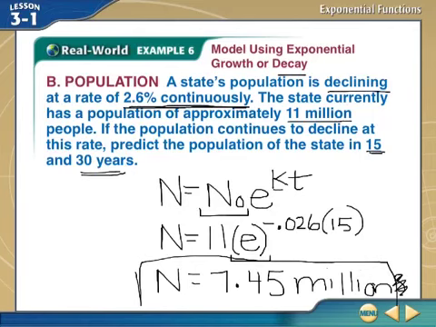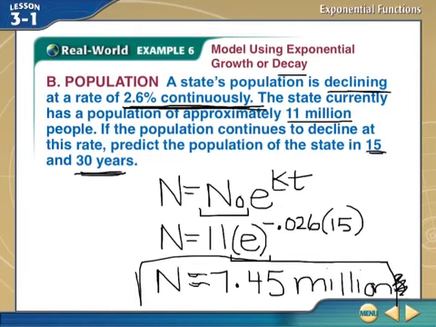If our population is declining at 2.6% continuously. Now, on the next slide, I'm going to calculate what our population would be if that decay occurred over the course of 30 years. Since I rounded the 7.45, it was 7.447, I should really say that N is approximately 7.45 million, not exactly 7.45 million.